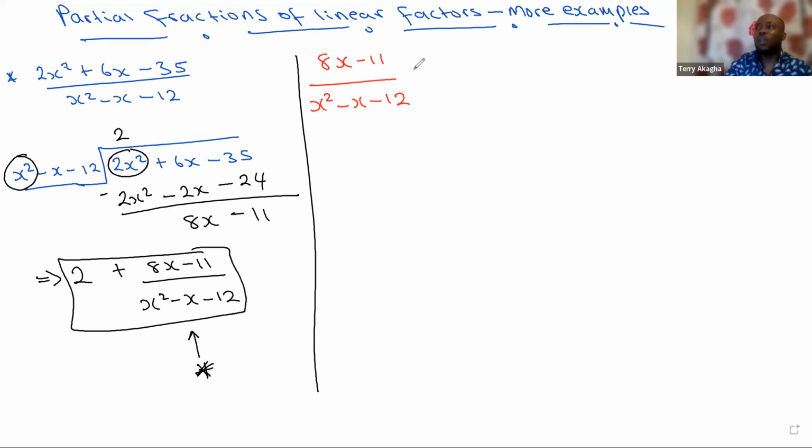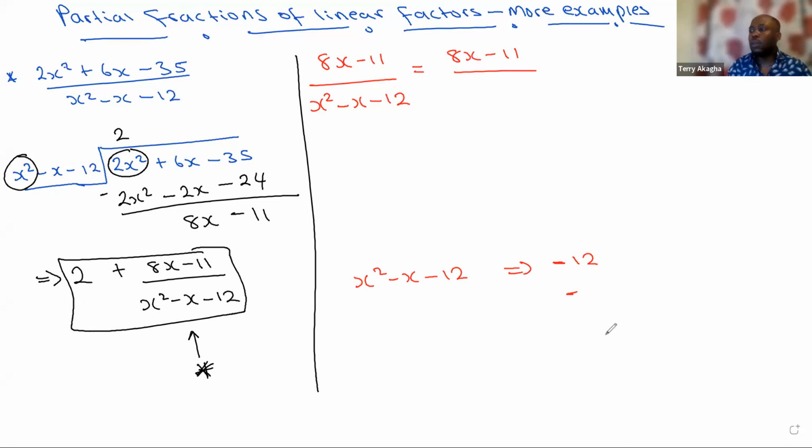As I told you in the previous video, you have to factorize the denominator into prime factors. We have x squared minus x minus 12, so we're looking for two numbers that multiply to give minus 12 and add to give minus 1.